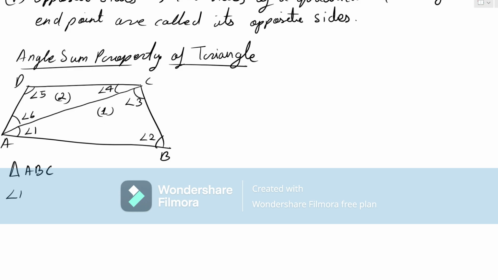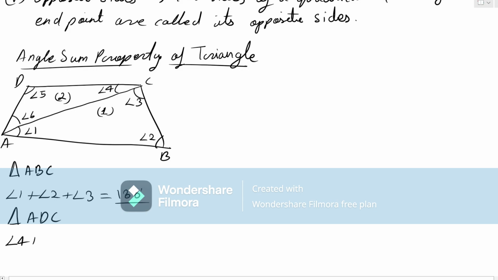Now angle 1 plus angle 2 plus angle 3 is equal to 180 degree. The sum of all angles of a triangle is equal to 180 degree. Now the second triangle, triangle ADC, angle 4 plus angle 5 plus angle 6 is also equal to 180 degree.